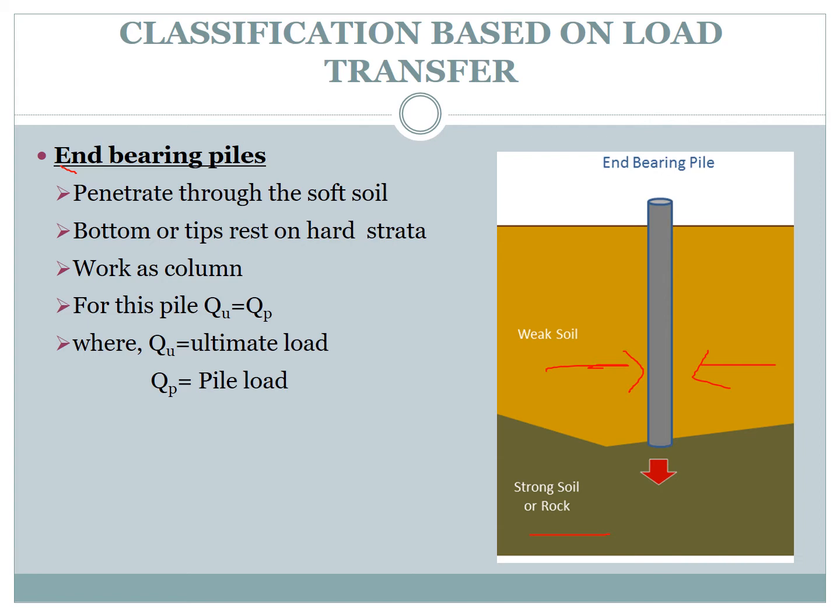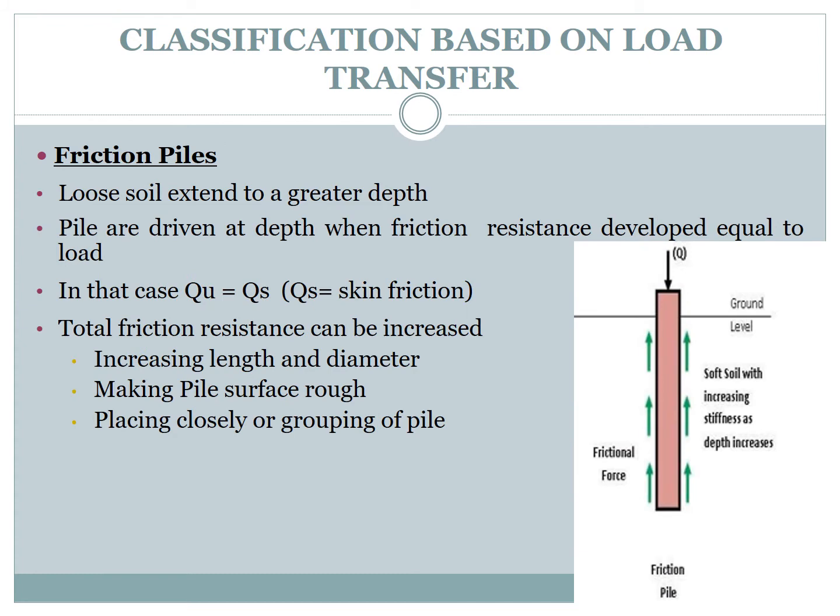For this pile, the ultimate load QU transferred is equal to QP, where QU is the ultimate load and QP is the pile point load. Next, friction pile. When loose soil extends to a greater depth, piles are driven to a depth where the friction resistance developed is equal to the load.